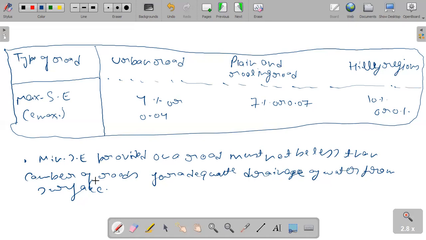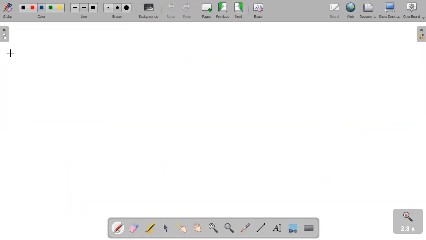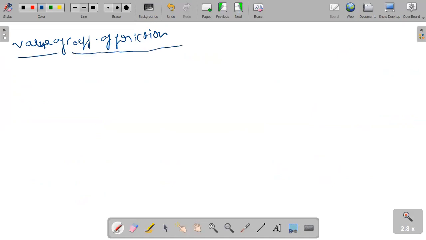Let's move forward to our next topic, which is the value of coefficient of lateral friction, denoted as f, obviously.